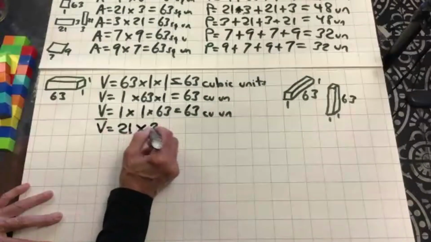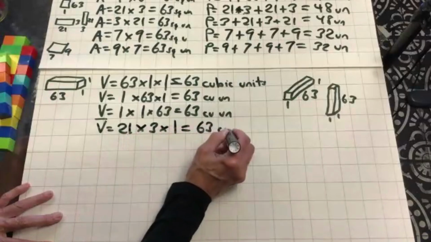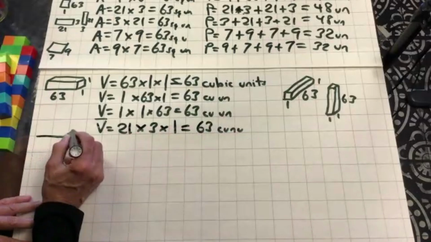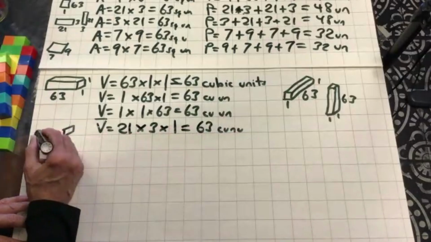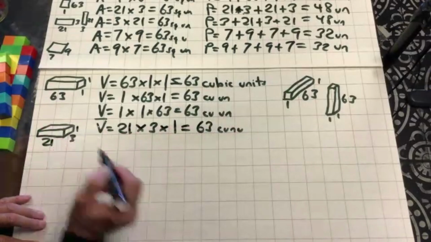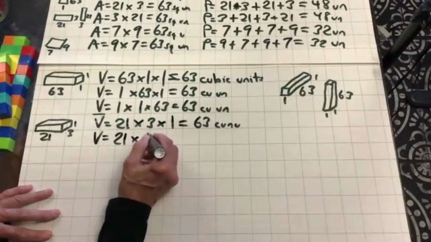Which is a 21 by 3 by 1. So let's see. And then we can draw it as a 21 by 1 by 3.